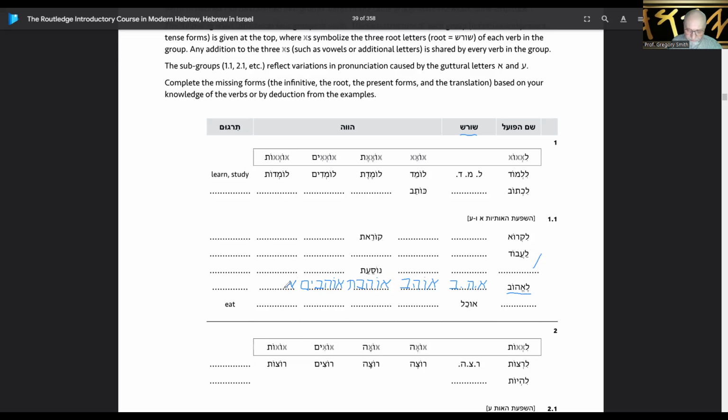Atem would be you all, or hen, they, or anachnu. Those all would fit. And notice this pattern of holem tav for feminine plural. You'll see that pattern over and over again. So then what is the translation? To love. Okay, so that's what we should see on that one.